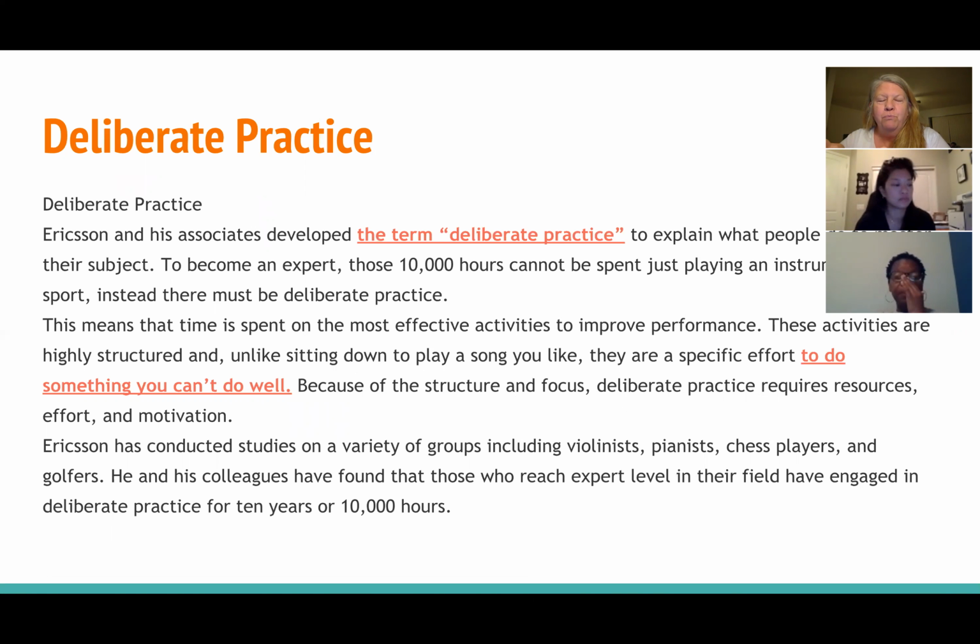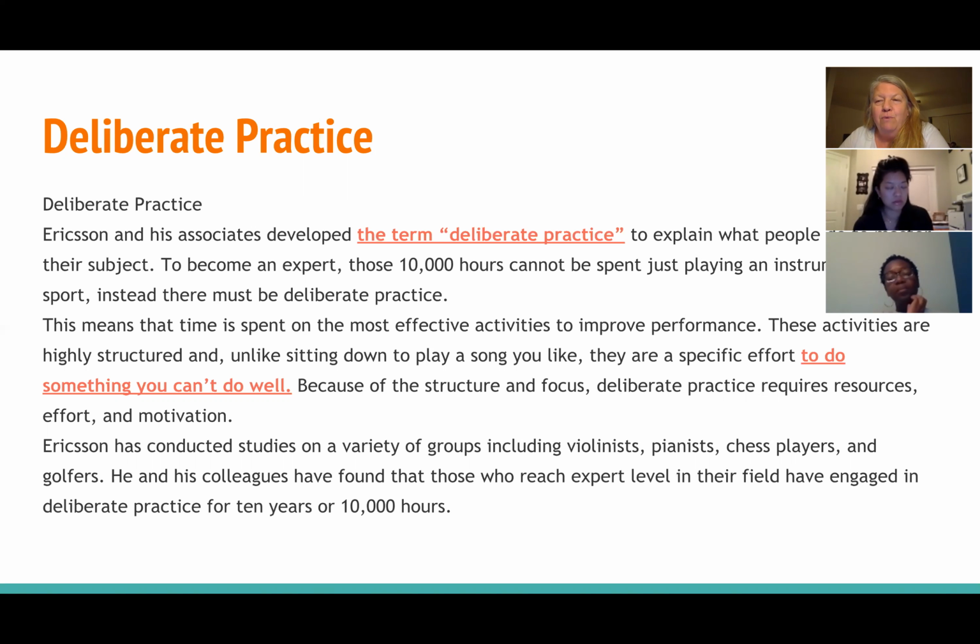So if I was playing the piano and I was playing a piece and then in the middle of the song I got kind of stuck and then the rest of the song I could play, my deliberate practice would be on that part of the song that I don't know very well. And I need to practice and practice and practice that part instead of just playing the whole song.